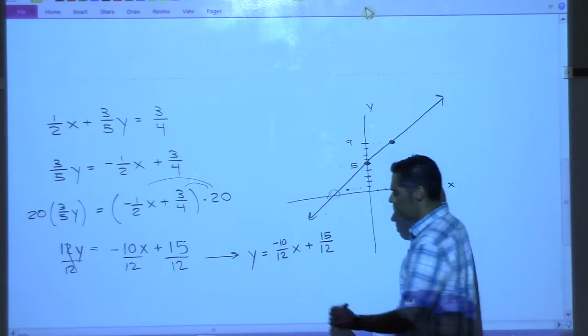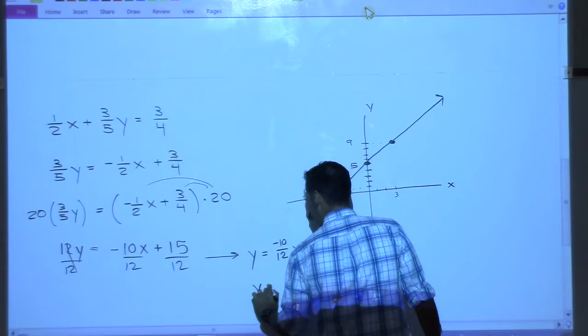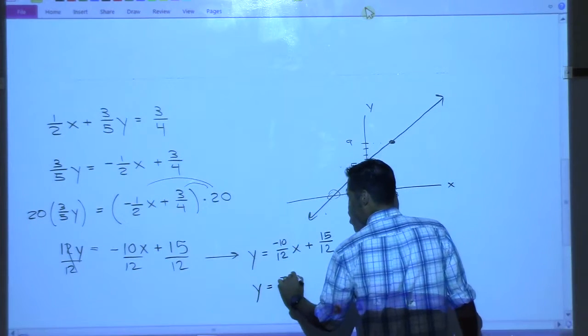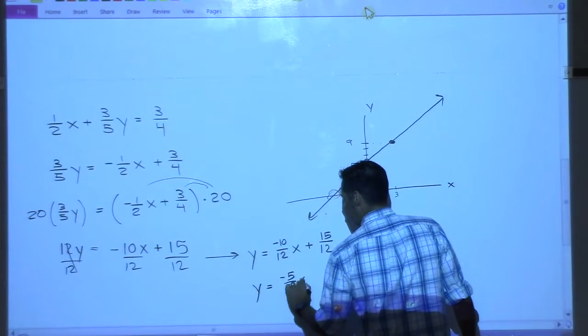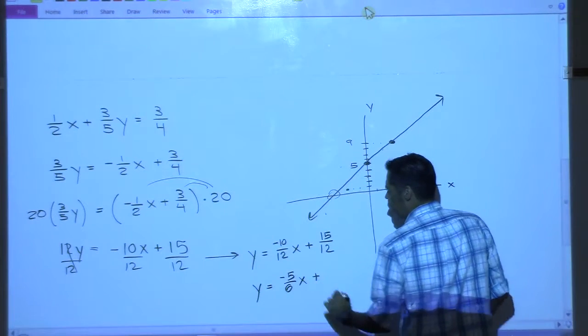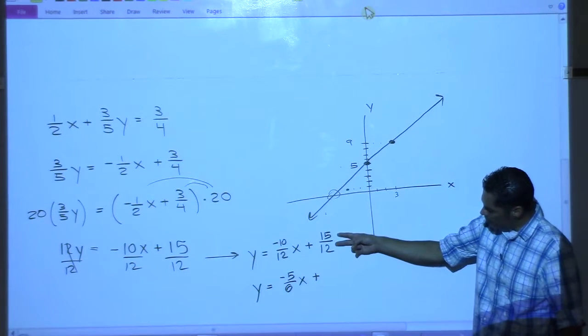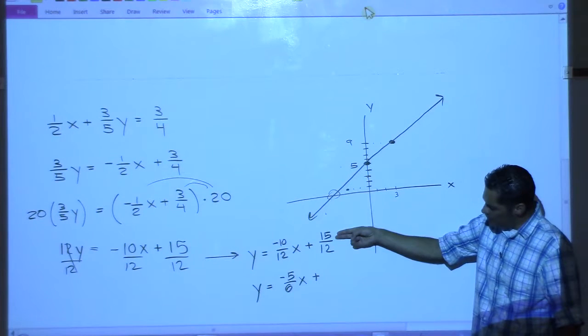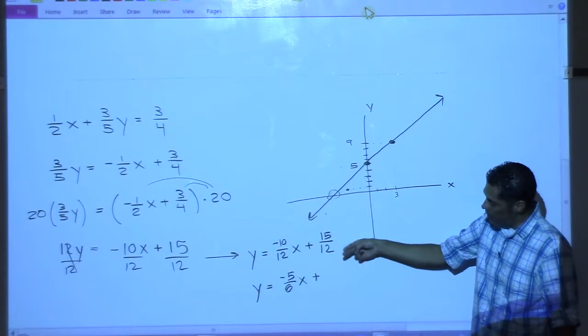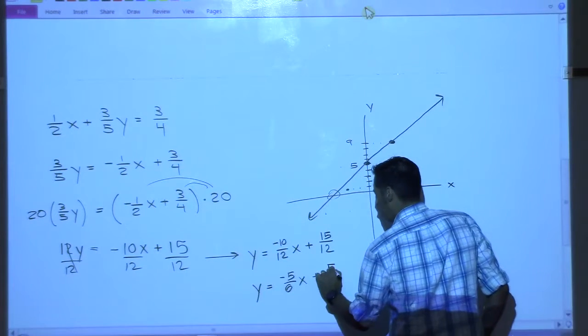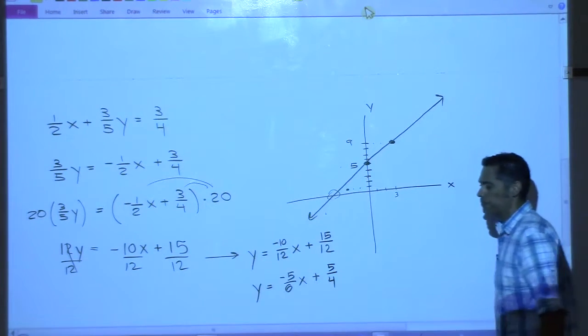So that would reduce to be what? Negative what? 5 over 6 x. And then plus, and on this one, what's the biggest number going into both of those? 3. So we get 5 on top and 4 on the bottom. 5/4. There we go.